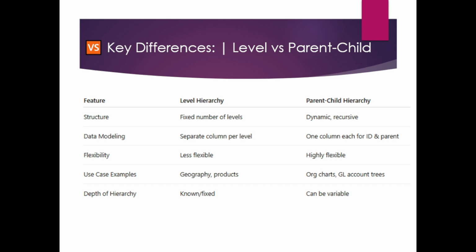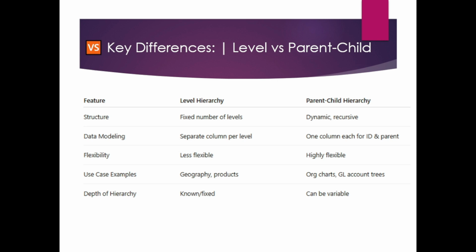In terms of flexibility, the level hierarchy is less flexible, whereas the parent-child hierarchy is highly flexible. In terms of use case examples, the level hierarchy is used for geography, product, and sales organization, etc., whereas the parent-child hierarchy has examples like org charts, chart of account trees, etc.